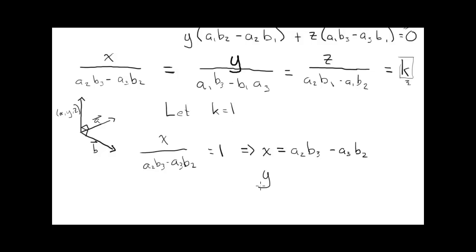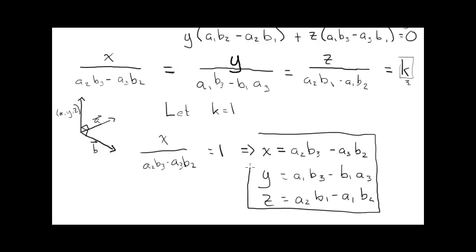Y would equal a1 b3 minus b1 a3, and then z would equal a2 b1 minus a1 b2. So this right here is your cross product. This is the vector x, y, z, which will give us a vector perpendicular to a and b. And this is your cross product. Remember, there's lots of vectors that are perpendicular. This is the vector that we will make the cross product.